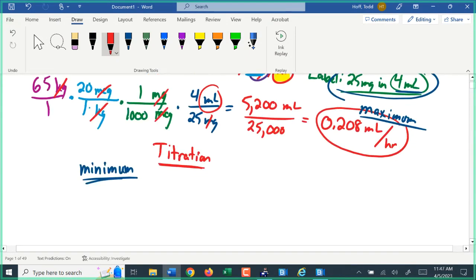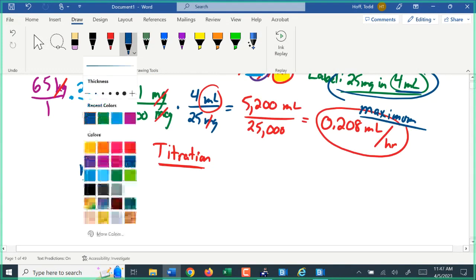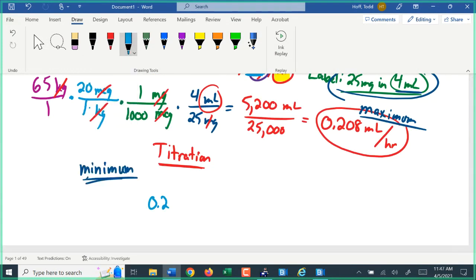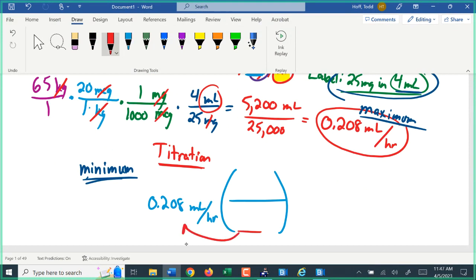And if you recall, in this case, we'll take the maximum dose, the 0.208 milliliters per hour, and we're going to multiply it by a ratio. And in the bottom of this ratio is the parameter that we used. Whatever goes on bottom here has to be the parameter that's connected with this number. Whatever goes on top is the parameter we want connected to our result.